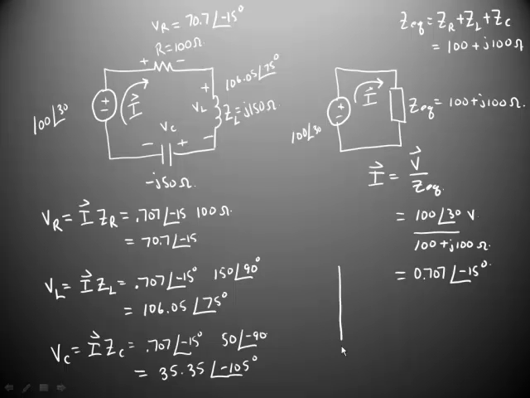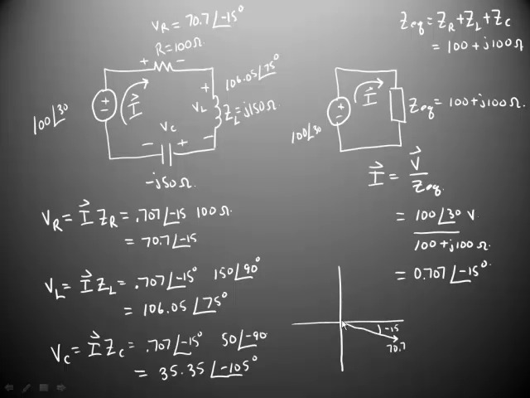We can draw our phasor diagram. Here's our voltage across the resistor. It has a length of 70.7. It makes an angle with the real axis of minus 15 degrees.